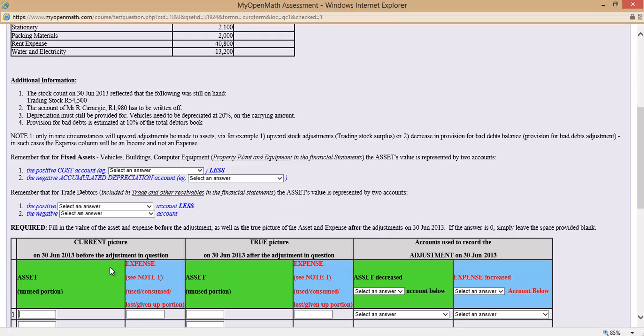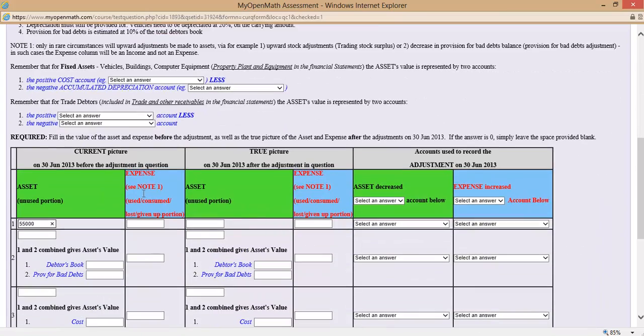So my current picture for additional information number 1 is 55,000 Rand in the asset account, nothing in the expense account. The question says if the answer is 0, simply leave the space provided blank. So we're just going to leave the expense blank for the current picture, because the full 55,000 Rand is recorded in trading stock.